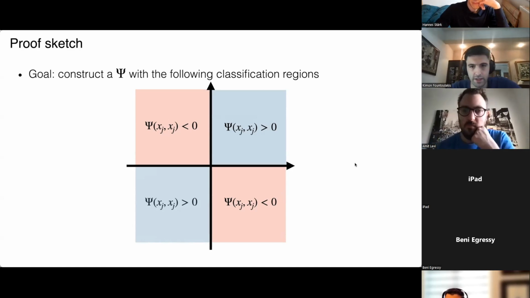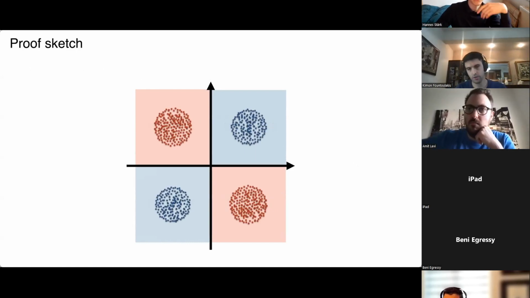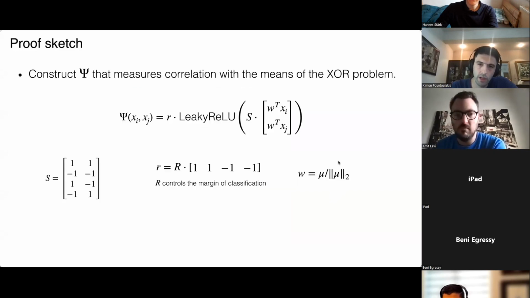The reason this is successful is that the distance between the distributions is so big compared to the standard deviation that basically the whole distribution is within the quadrant with high probability. So if you have a psi function with the right signs for each quadrant, then you basically perfectly classify the edges as well.